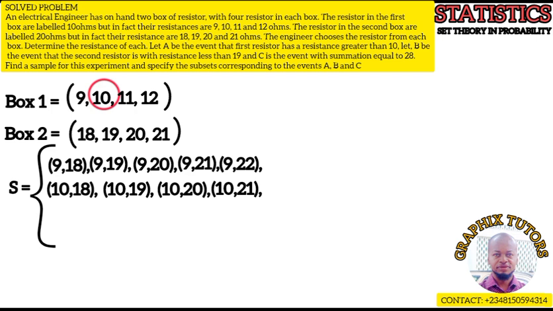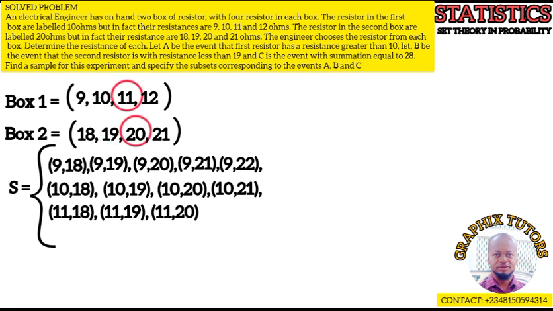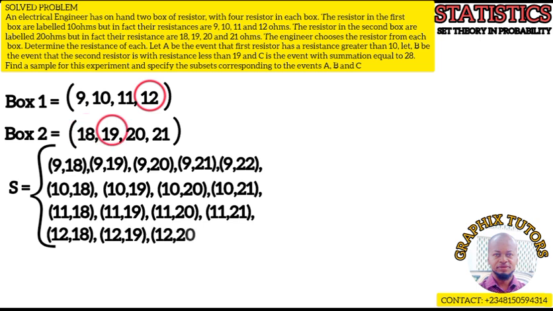You go to the next resistance in box 1, which is 11, and pair it with all the resistances in box 2, so you have 11 18, 11 19, 11 20, and 11 21. You do the same for 12, and you have 12 18, 12 19, 12 20, 12 21. So all this you see here is the sample space of these two resistors with their resistances.